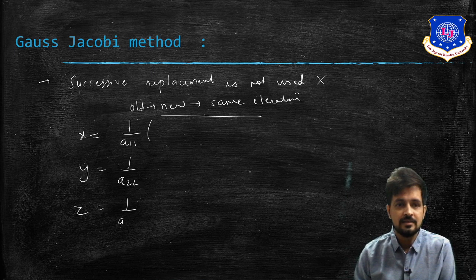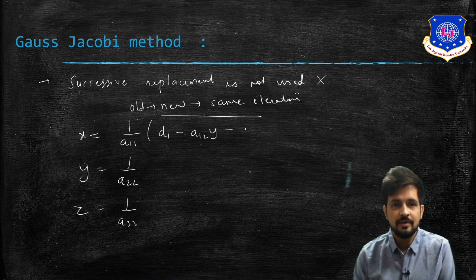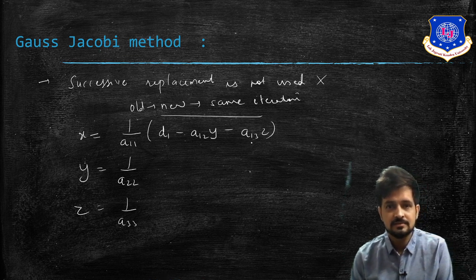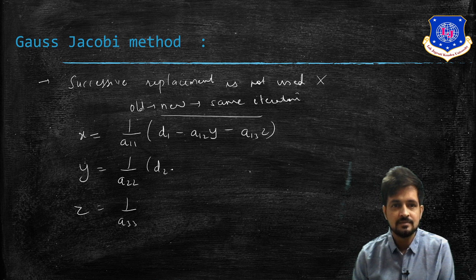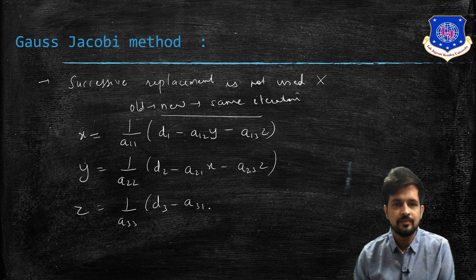Let me write the equations for x, y, and z: A12y minus A13z, D2 minus A21x minus A23z, and here D3 minus A31x minus A32y.